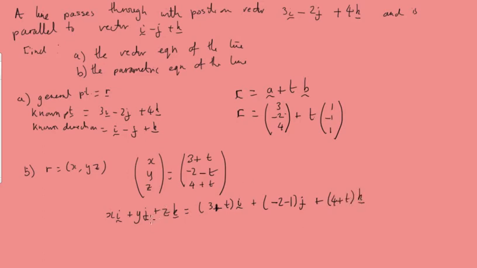Then comparing our components, x is 3 plus t, y is minus 2 minus t, and z is 4 plus t.